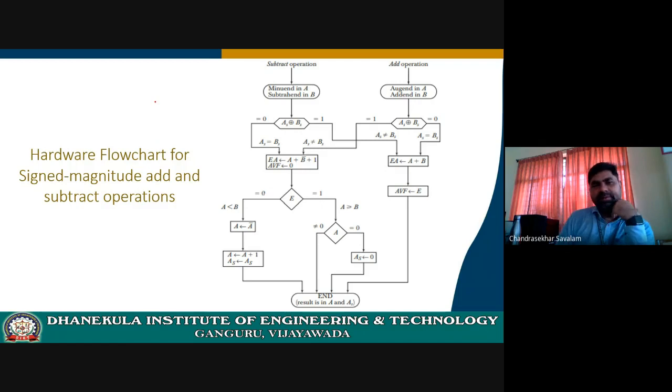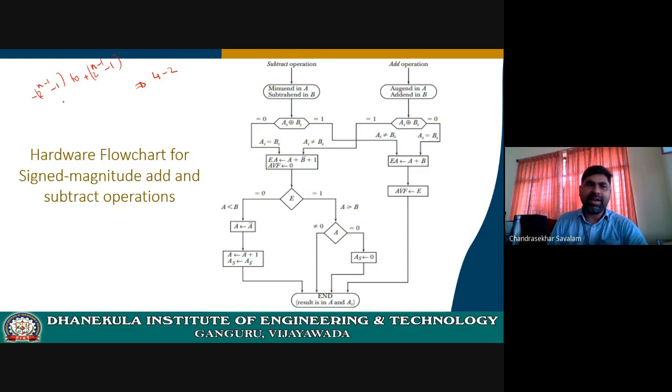Okay, very good. So you want a subtraction example. I'm taking 4 minus 2, students. Before doing this, what is the range of numbers? Minus 2 power n minus 1, minus 1 to plus 2 power n minus 1, minus 1.